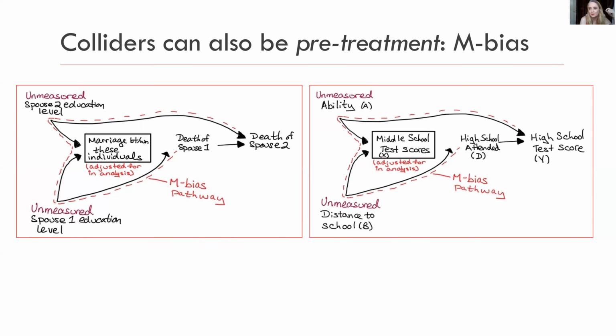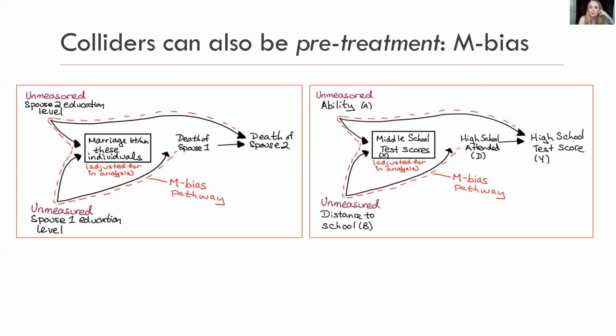And if any of those things are prognostic factors for the outcome, such as, for example, the education level of the second spouse, or predictors of the exposure, such as the education level of the index spouse, we can potentially create an M-bias pathway that would be opened by restricting to married individuals. So that one is a little bit hard to wrap your head around, although I think it's something that likely happens a lot when we look at married couples.